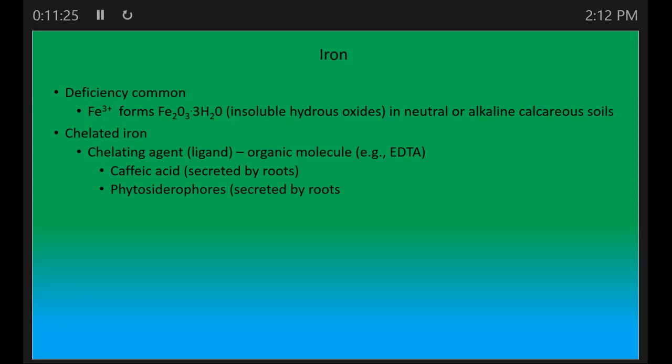There's also a group of plants that produce, in general, what are called phytosiderophores. I'm not going to go into details, but this is another class of chelating agents that certain plants make. Anytime you see phyto, that means it's plant or plant-like. Plants make phytosiderophores.